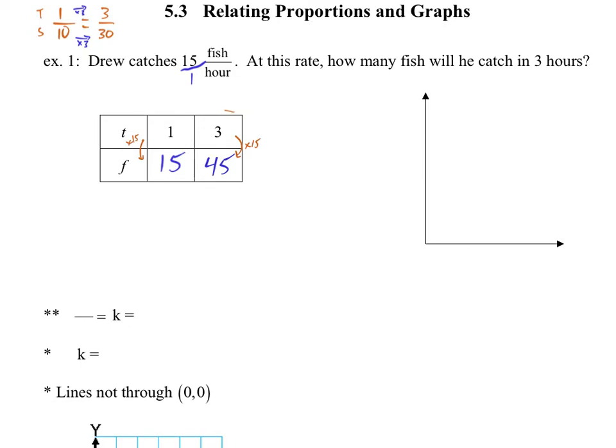If I were to try to graph that, my time is going to go on the x-axis because it's independent. And I need to get up to 3. So I'm going to do a 0, a 1, a 2, and a 3. And I'm going to try to be as careful as I can on spacing. My number of fish is dependent, so it goes on the y-axis. I need to get up to at least 45.